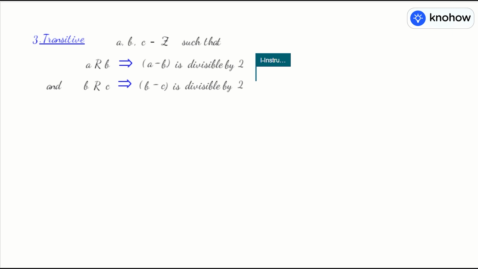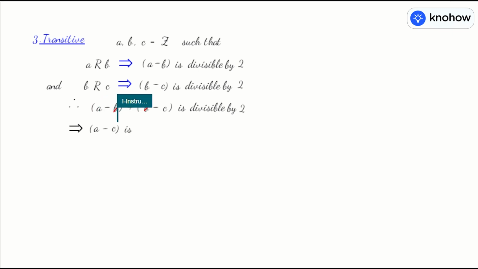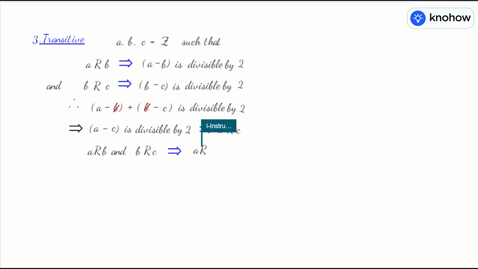So, hence, (a minus b) plus (b minus c) is divisible by 2. Here, in a minus b plus b minus c, b will be cancelled. So we may conclude that a minus c is divisible by 2, or in other words, a is related to c. So what do you find? We conclude finally that a related to b and b related to c implies a is also related to c, and hence the given relation R is transitive on the set Z.